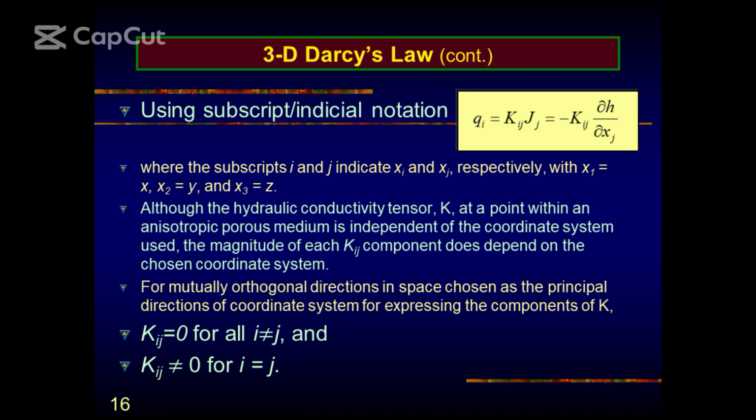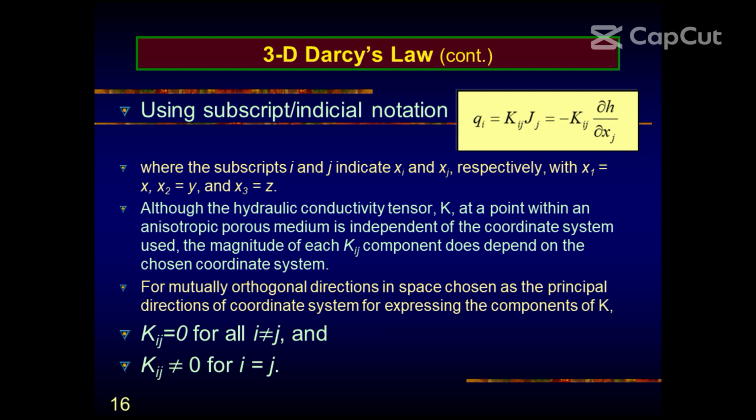And here we said the subscripts i and j indicate xi and xj respectively, with x1 equal x, x2 equal y, and x3 equal z.